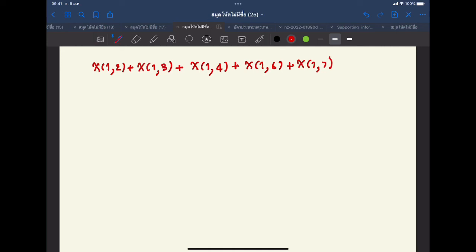And the last one, let me see the table. Yeah, it's possible. x1 to 8 and then subtracted by x2 to 1, right?